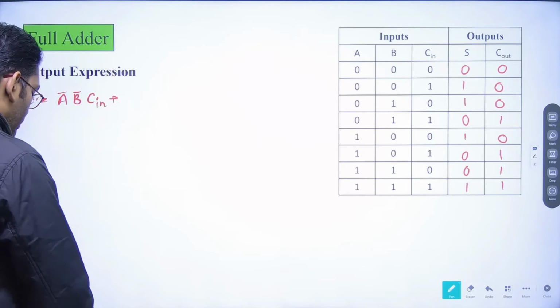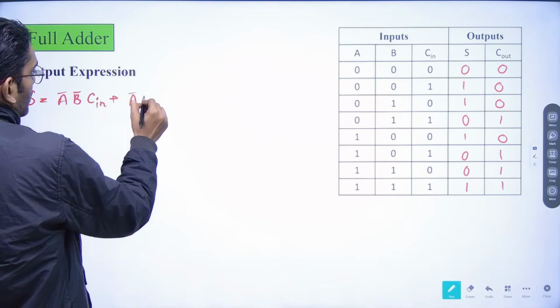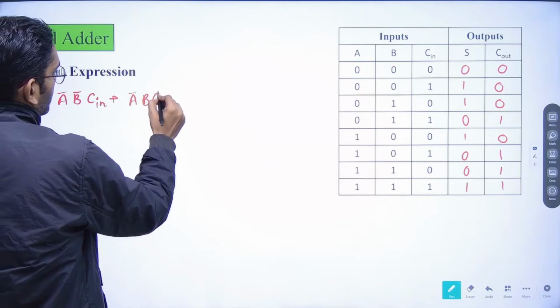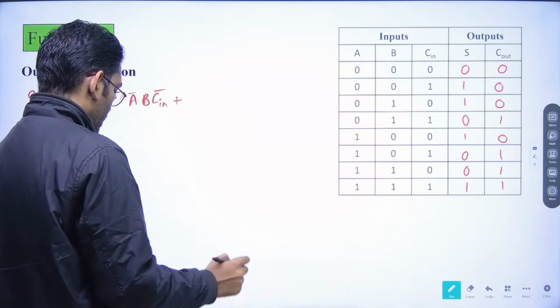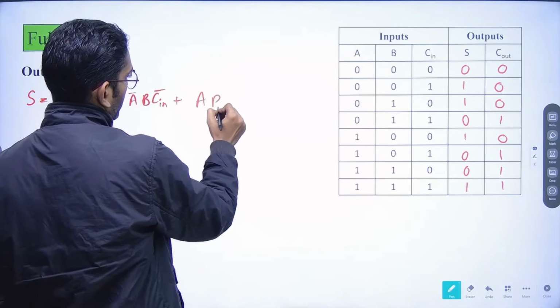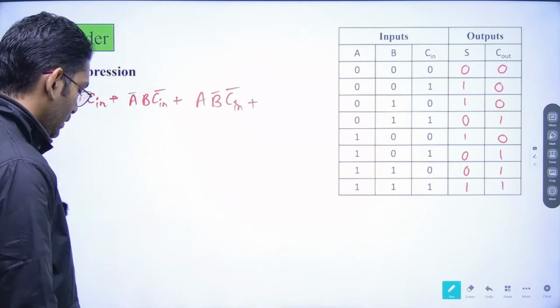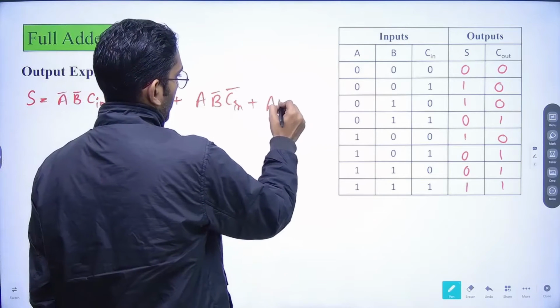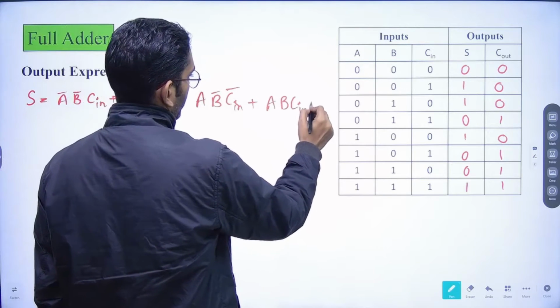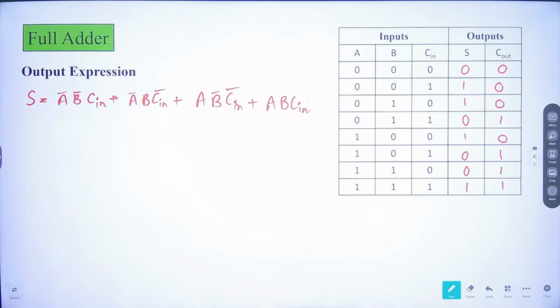Next, it would be A bar B, C in bar plus A, B bar, C in bar plus A, B, C in. So these we would be getting.